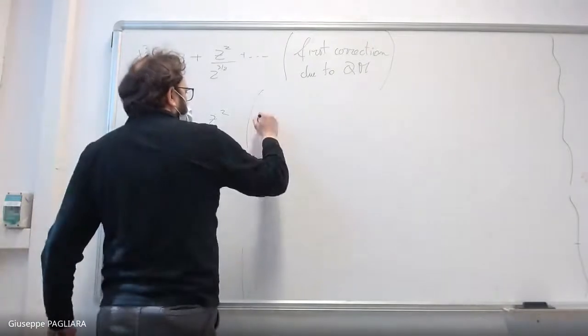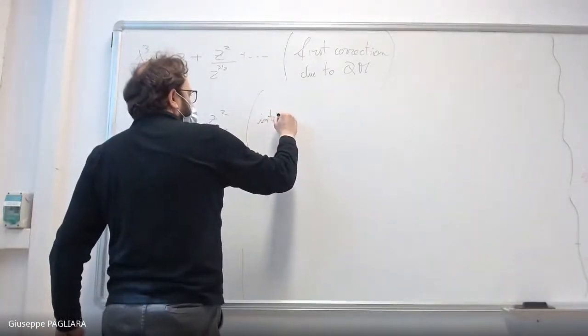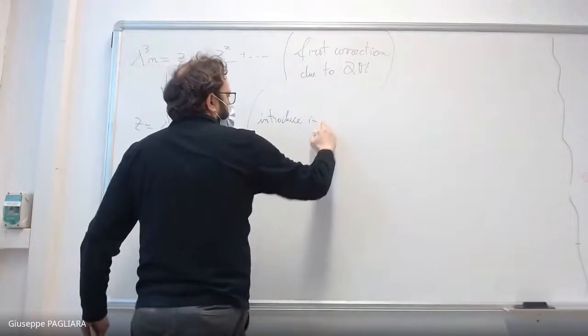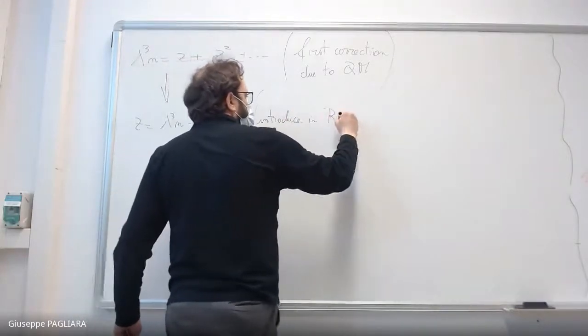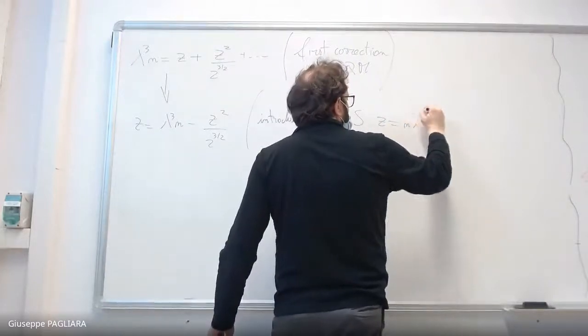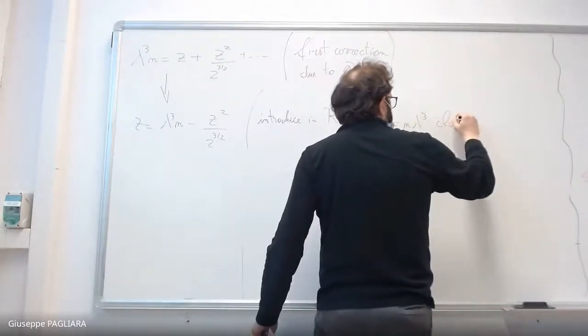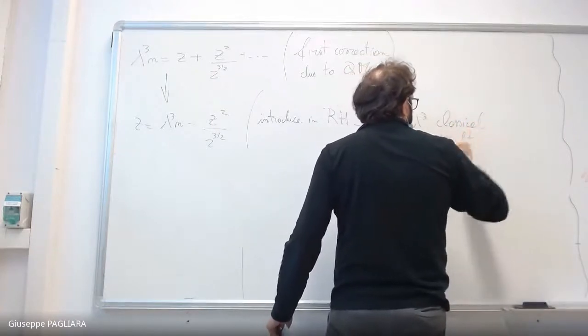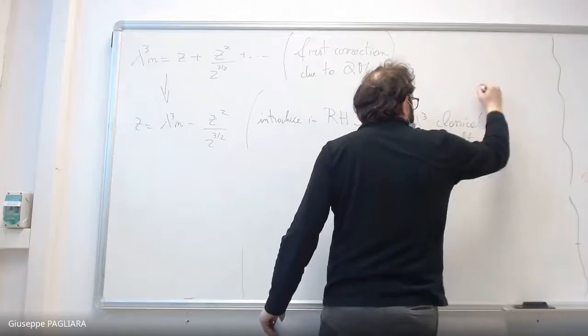So introduce now, in the right hand side, z equal to n lambda cubed, which is the classical result coming from the function z.